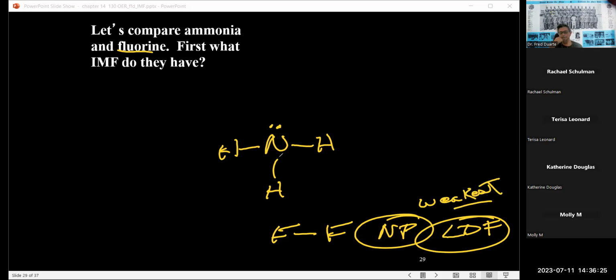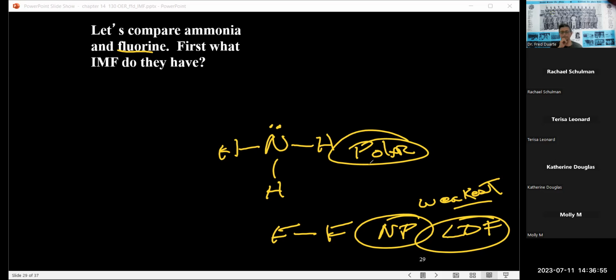Now, ammonia, given here, you can use the fact that it's got a lone pair to tell you that you have a polar molecule. Remember, anytime you end up with a lone pair on the central atom, 100% of the time, you have a polar molecule. Now, what force to assign to it?